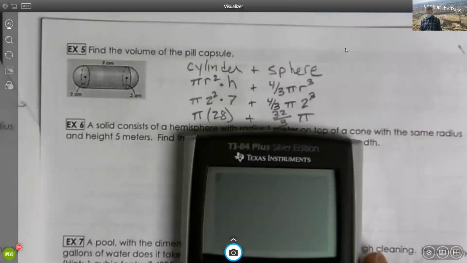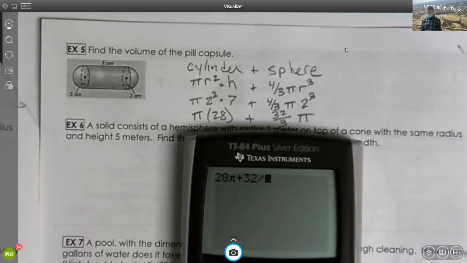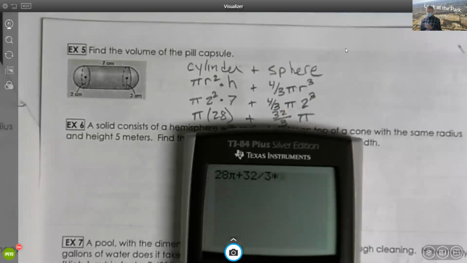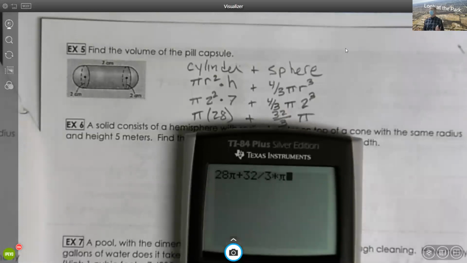So we have 28 pi plus 32 divided by 3, and we are timesing pi. Now, if that confuses you a little bit about, are we dividing by pi because it's divided 3 times pi?